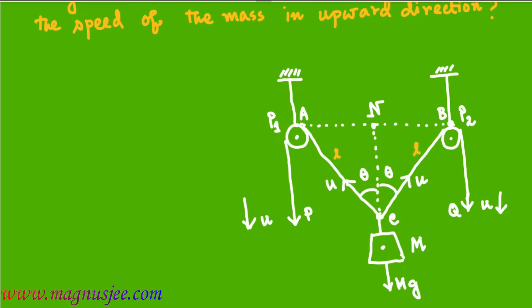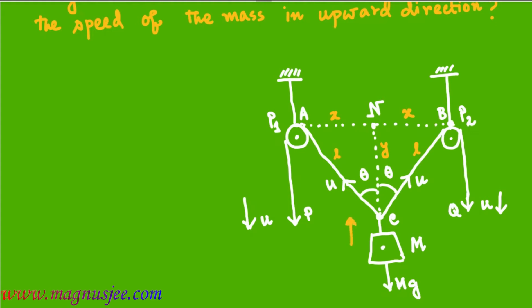Let L be the length of this portion CA and CB of the string. L is the length of the oblique portion CA of the string, and 2x is the distance between the two fixed pulleys. That means AB is equal to 2x.